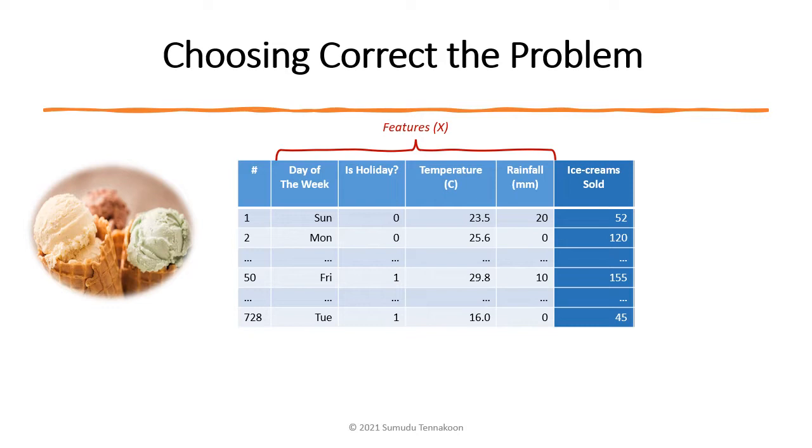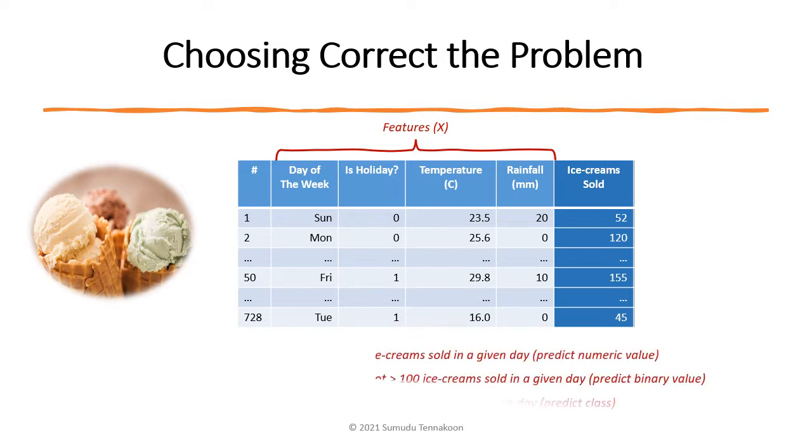Ice cream sold you can use as your y variable. Now, using our previous lessons, what is your target column? It's a numeric column, and it has a numeric value. It's a continuous column. So obviously you will know now that what we can build is a regression model, right?